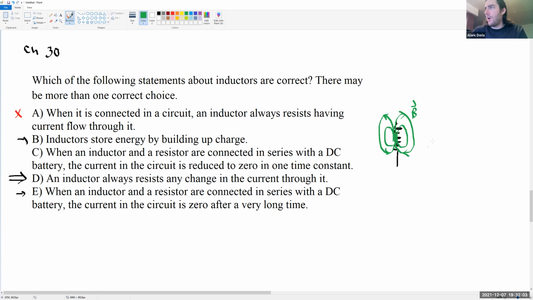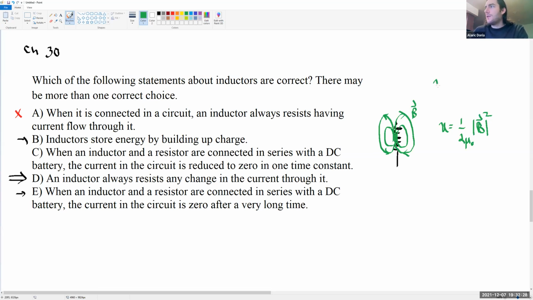Just to give an equation to this, the energy density stored in the magnetic field is 1 over 2 mu 0 B squared, right? And how do capacitors store energy? We like to talk about capacitors storing energy as charge on the plates, which is kind of an okay way of thinking about it.